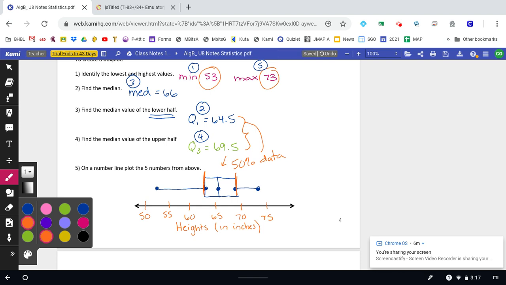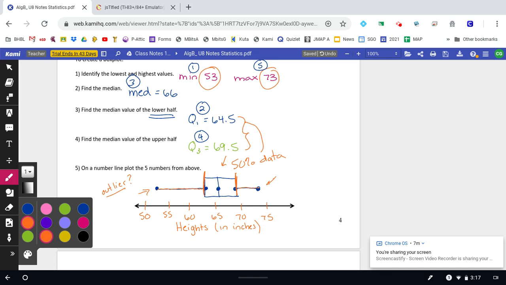Now, one thing we want to consider sometimes is maybe there's some person here that's really, really short. It might be an outlier. We don't know. We can tell that by looking at how long the whiskers are.